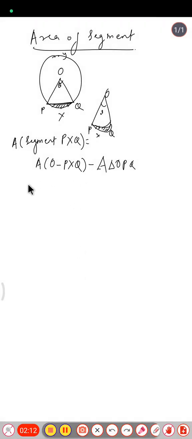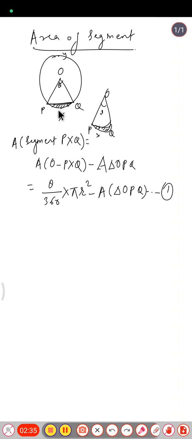So for this, as we know, the area of sector PXQ is nothing but theta upon 360 into pi r square, minus area of triangle OPQ, right. So we take this as equation number 1.